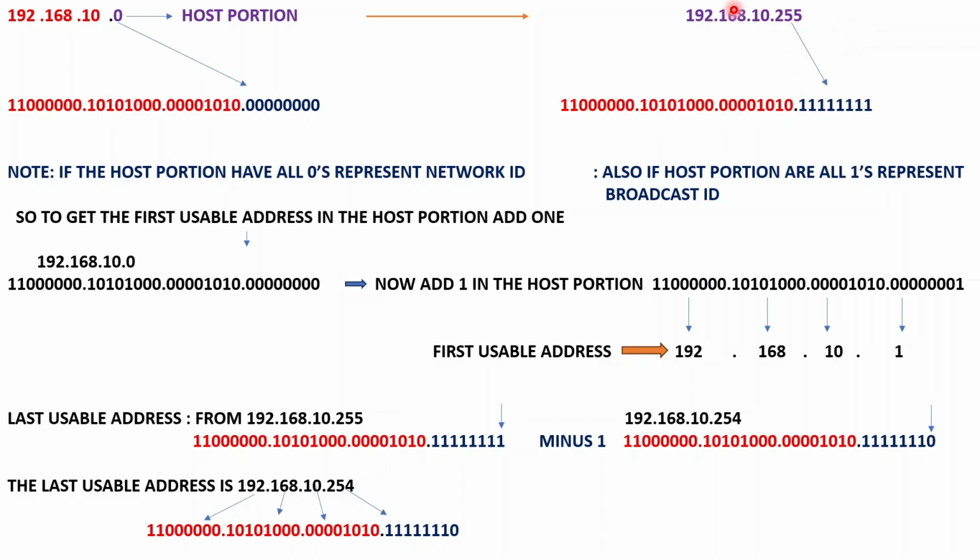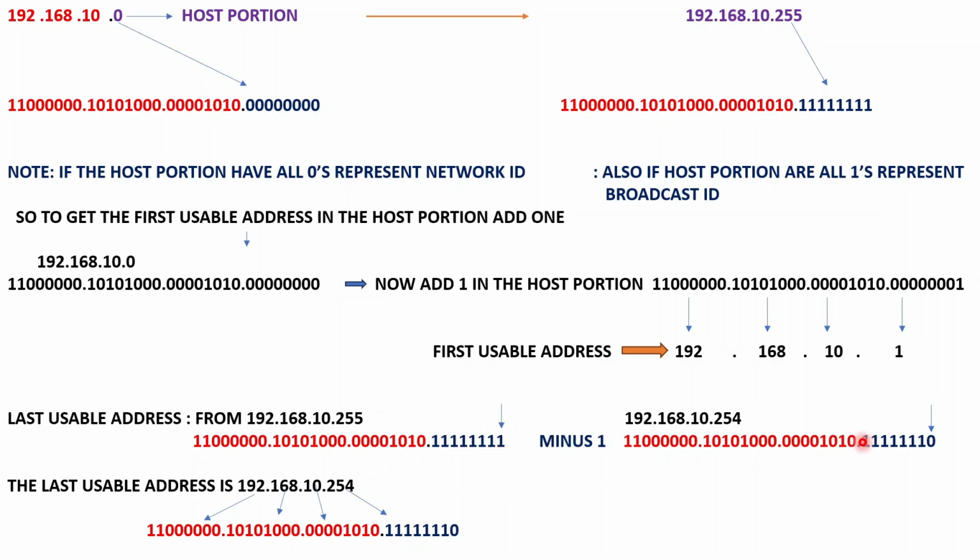So you convert this into binary codes. After you convert it to binary codes, you look at the host portion. In the host portion here, you just minus 1. So you start here and then you minus 1. So after subtracting one here, we have minus 1 from our host portion. This is the broadcast ID. So on the broadcast ID, I have minus 1 here.